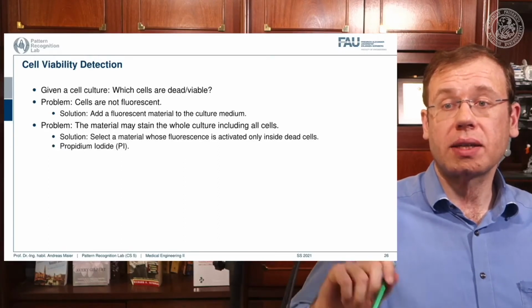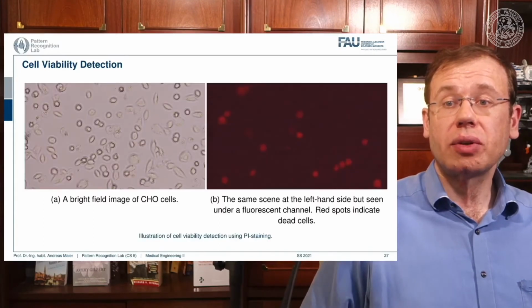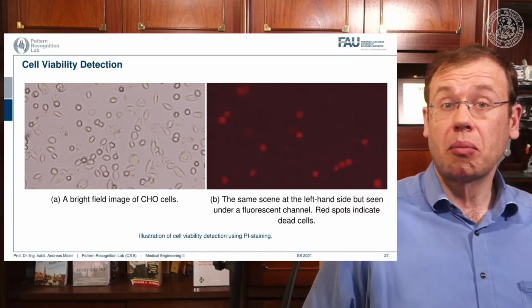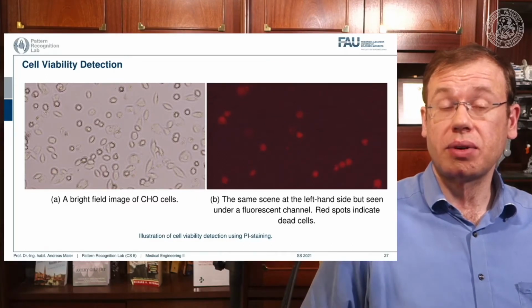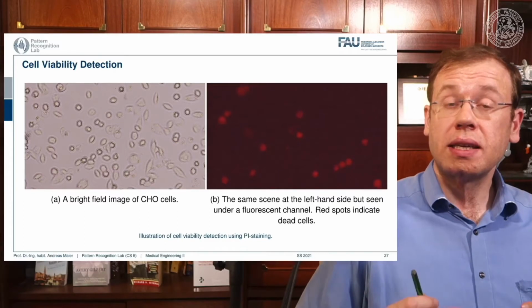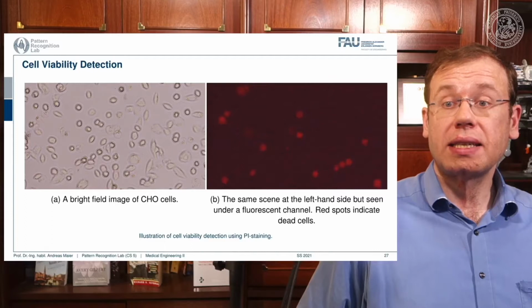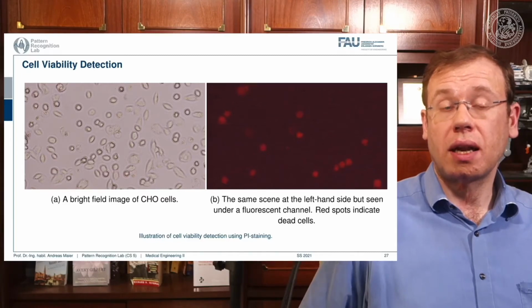So propidium iodide is a special, you could say, dye or marker, and if you use it, then you can take two images. Interestingly, we can take the same microscope because the fluorescence effect is just added on top, as you've seen in the previous examples. So we can take the same microscope to produce a bright light field image, and here you see the Chinese hamster ovary cells again, but we can't figure out whether they are actually alive or dead.